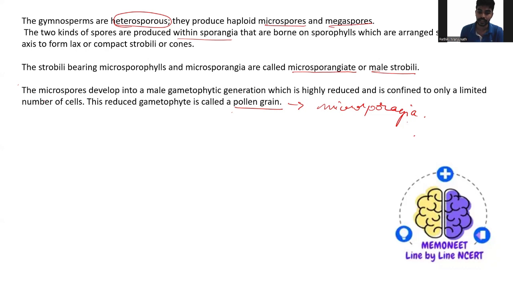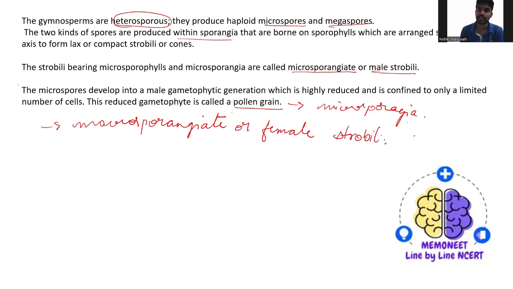So the cone bearing megasporangia with the ovules is actually called macrosporangiate, or basically the female strobili. Clear?